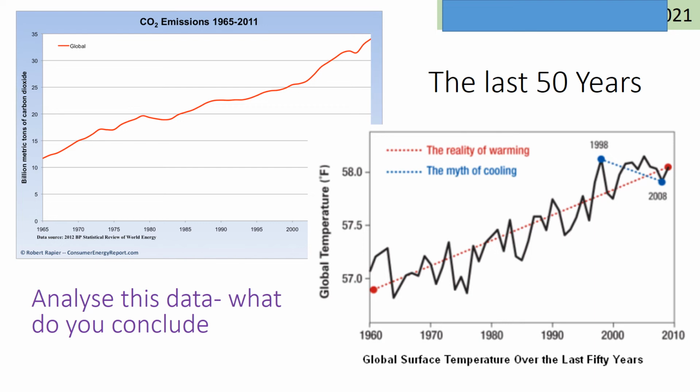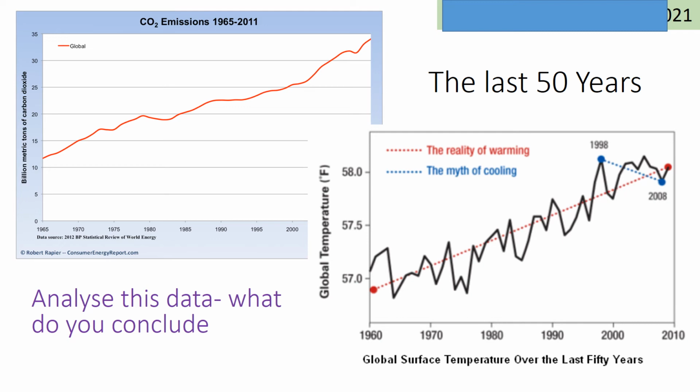So if you were to analyze this data, you compare both and say, in 1965, carbon dioxide was at about 12 billion metric tons emitted, and the average temperature was around 57 degrees.